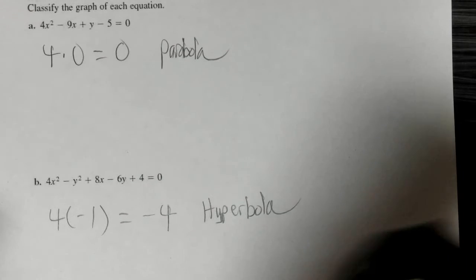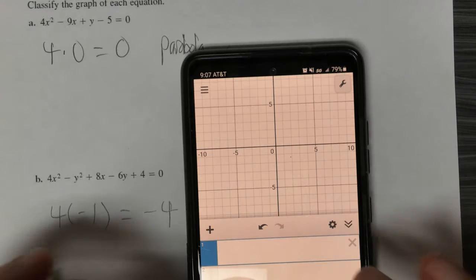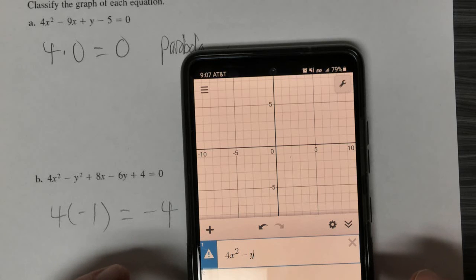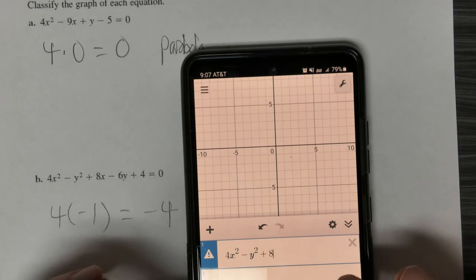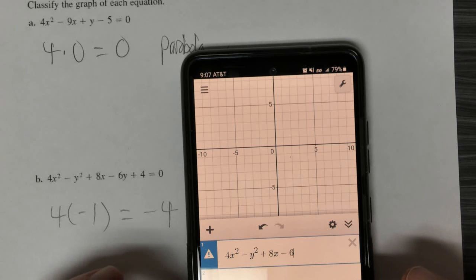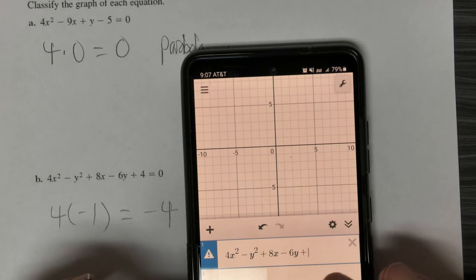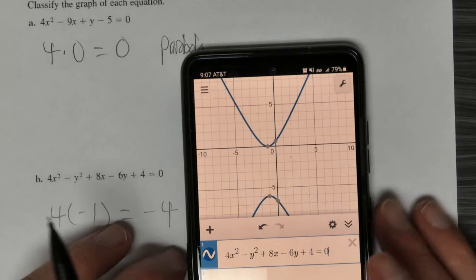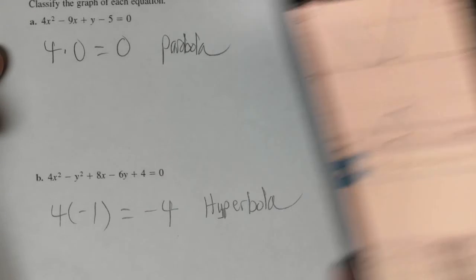Again, this can be verified graphically. Let's try it: 4x squared minus y squared plus 2x minus 6y plus 4 equals 0. And again, you can see we've got a hyperbola.